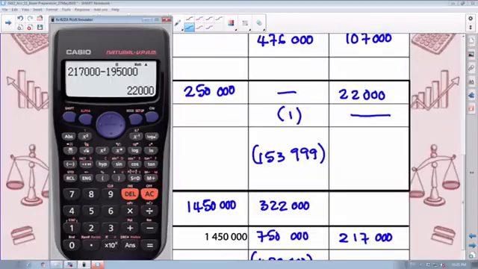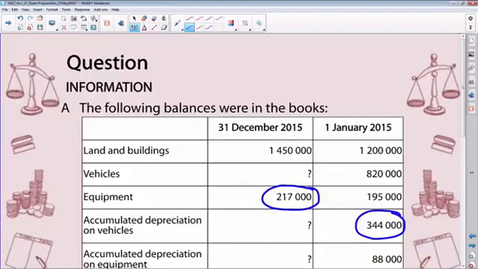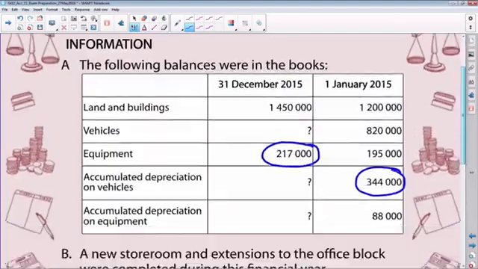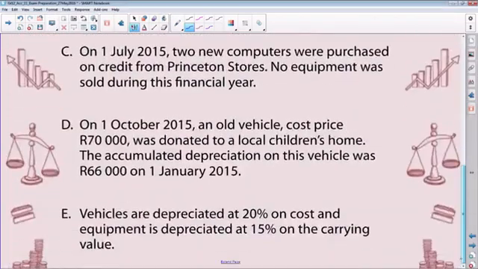On what? On our equipment. Fine. Number one, look at my method of depreciation. Important to identify, equipment is depreciated at 15% per annum. On what method, grade 12s? On the carrying value, meaning we are using the reducing balance method. Let's do that. Step number one.